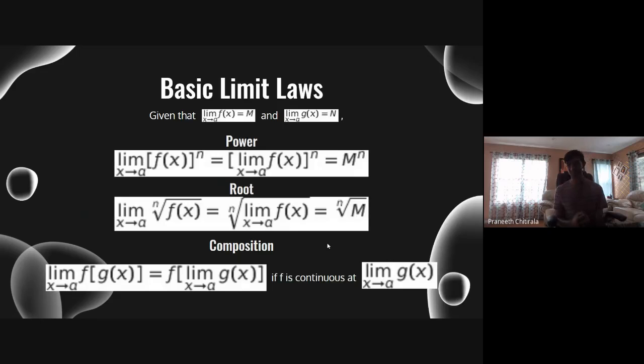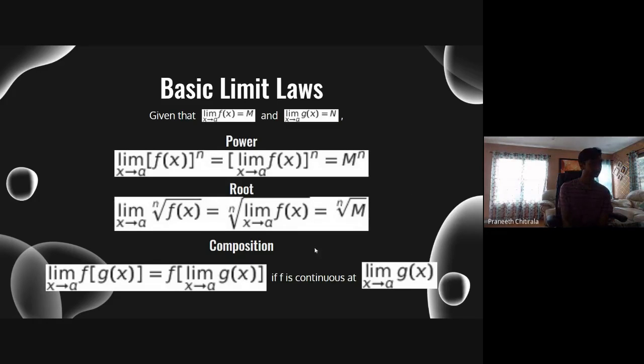Now composition is a different thing. It's a little more complicated, but in this case, the limit of f of g of x is equal to, you first have to take the limit of g of x, but then you put the value of the limit inside f. You don't take the limit of f at all.